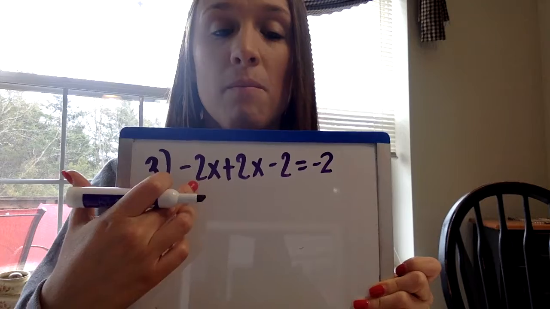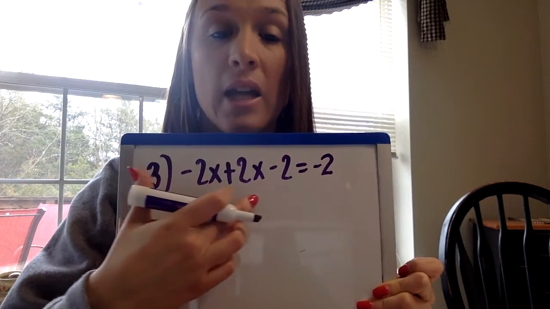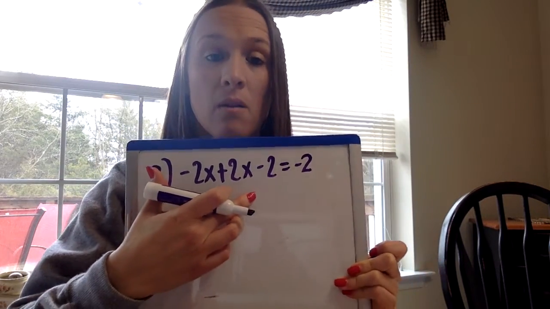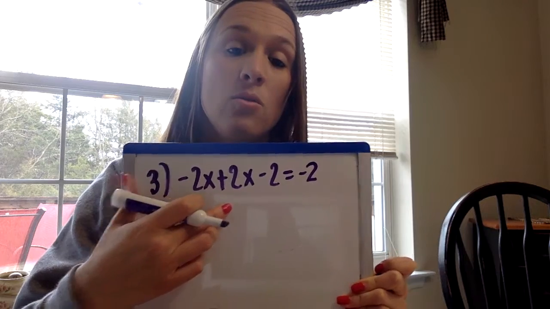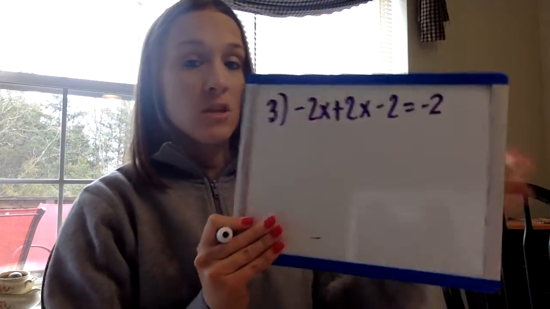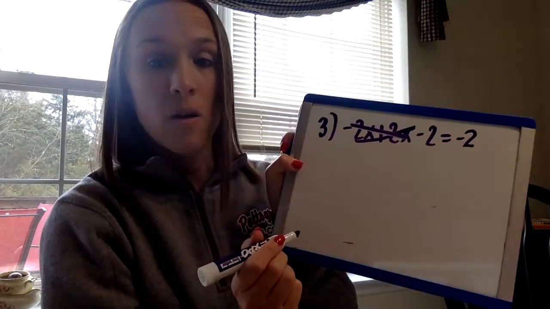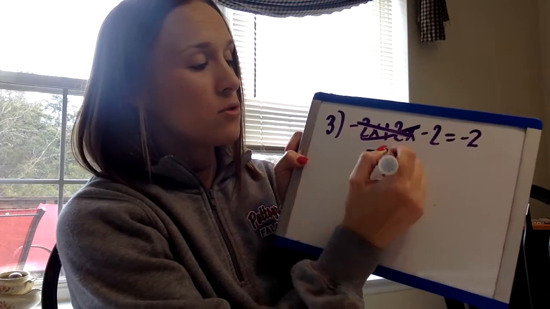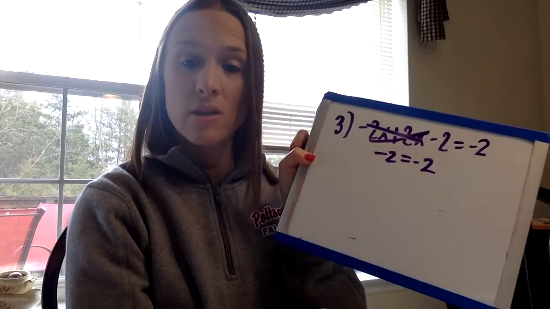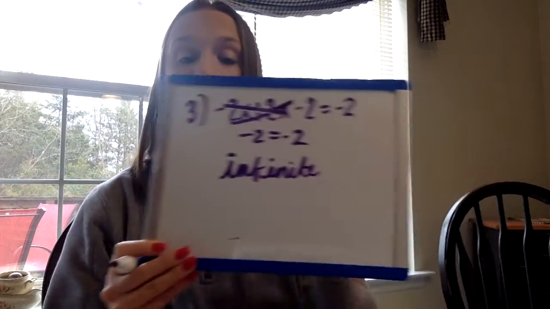What happens when I combine these two together? Negative 2 plus 2. What happens there? That goes to 0, right? So this right here is going to go to 0. Cross it out. So all that's left is negative 2 equals negative 2. What kind of solution is that? That's infinite. So this answer would be infinite solutions.